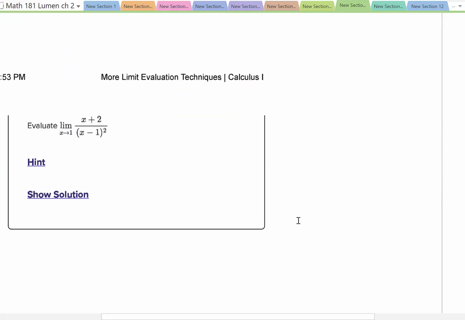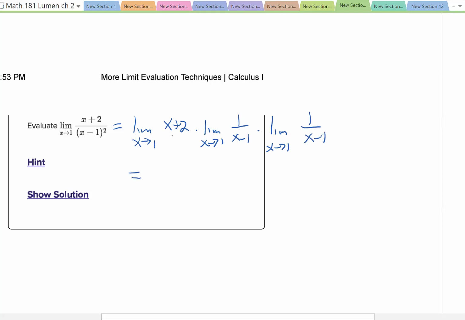Same type of thing. We have the limit as x approaches 1 of x plus 2 over x minus 1 squared. So that's going to be something like the limit as x approaches 1 of x plus 2 times the limit as x approaches 1 of 1 over x minus 1 times the limit as x approaches 1 of 1 over x minus 1.